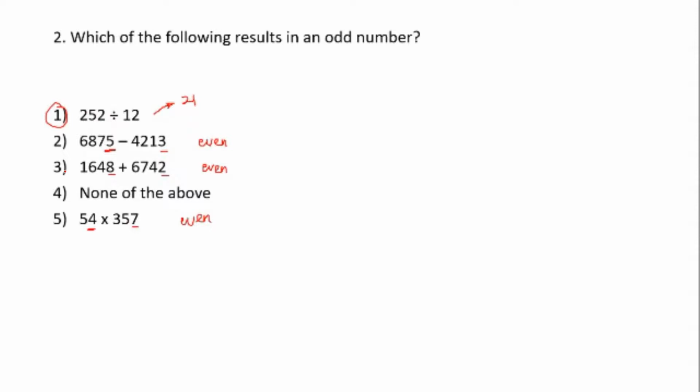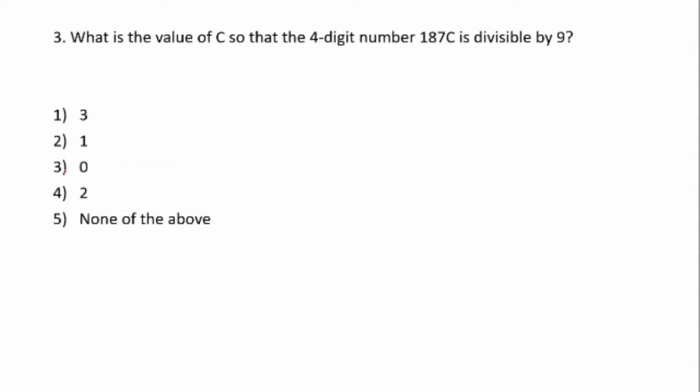Number 3, what is the value of C so that the 4-digit number 187C is divisible by 9? Here, you have to understand the divisibility rule by 9.